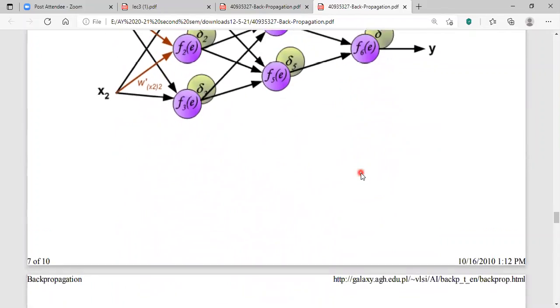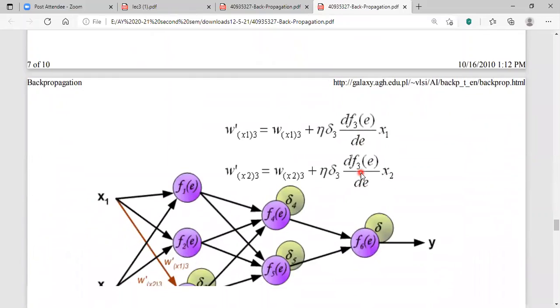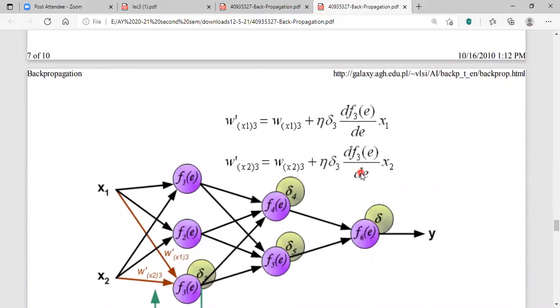So when you want to update the weight coefficients pertaining to the third input neuron, you consider the error corresponding to that particular neuron, delta 3, and the activation function corresponding to that particular neuron.